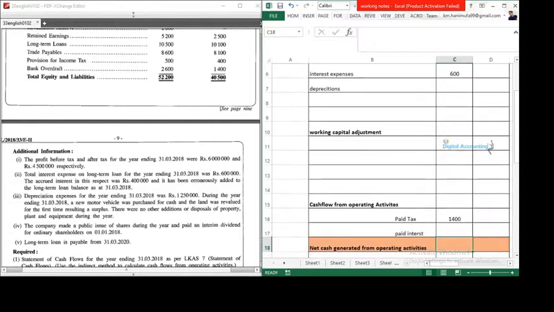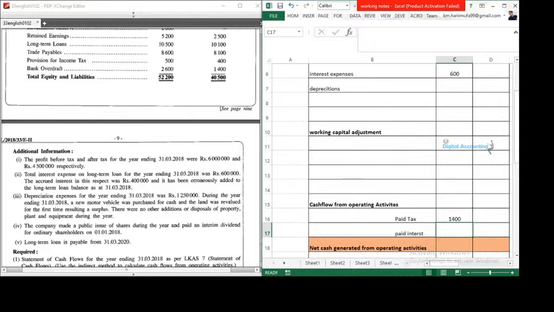We can show here how much interest was actually paid, because 600 for the year is posted as an expense in the income statement. Actually, they said the 400 is the accrual, the accrued interest 400, but 200 was actually paid.